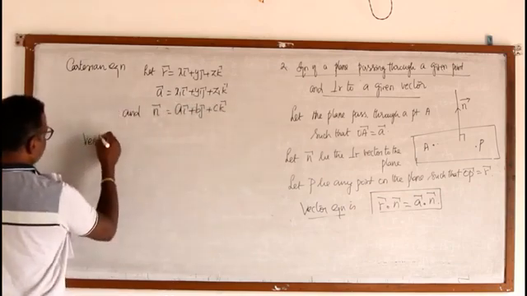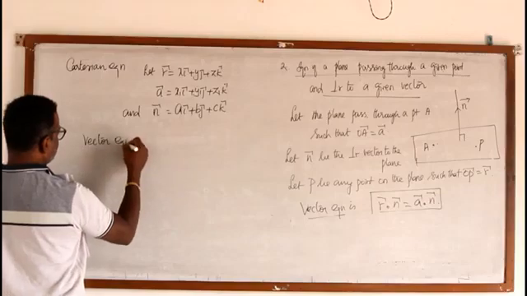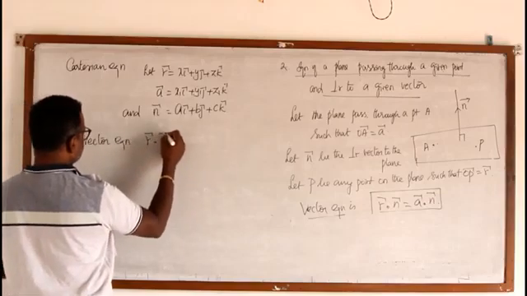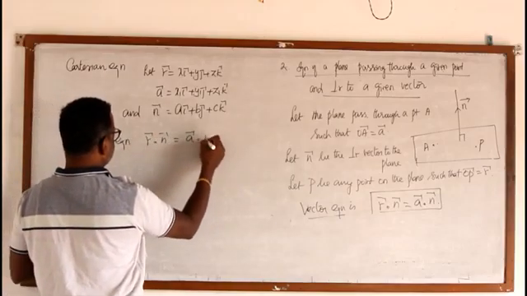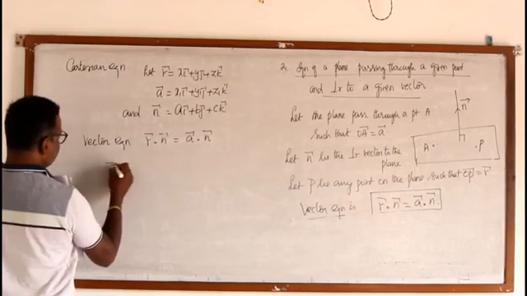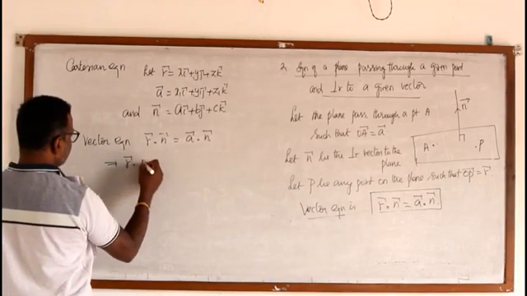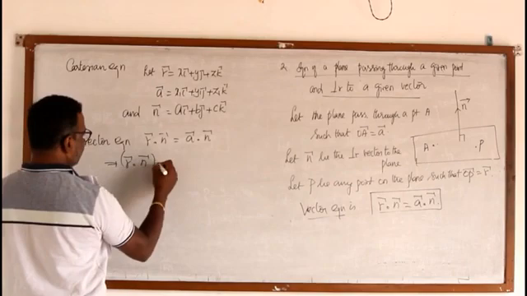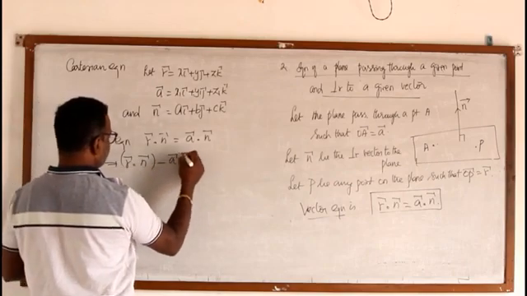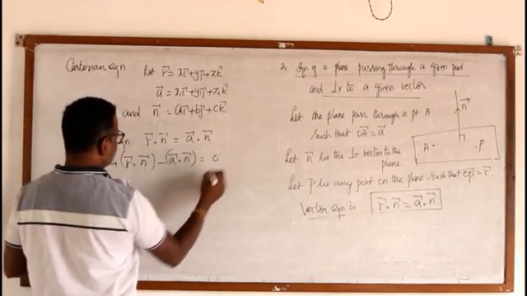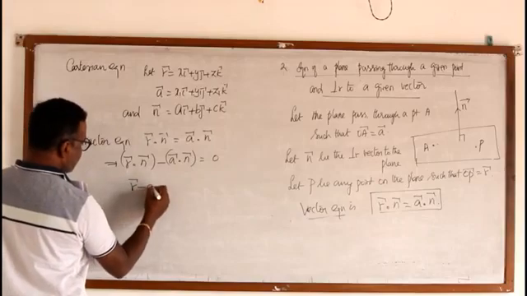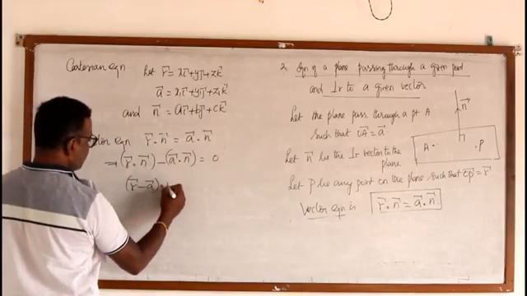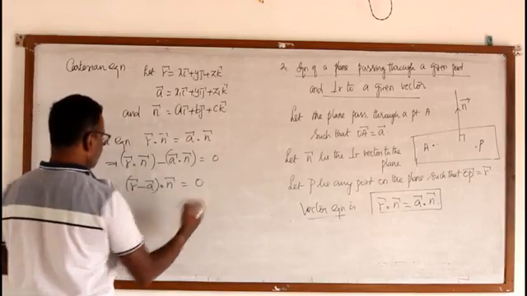Then the vector equation r dot n equal to a dot n can be written as r dot n vector minus a dot n vector equal to 0. Shall I write this as (r minus a) dot n vector equal to 0?